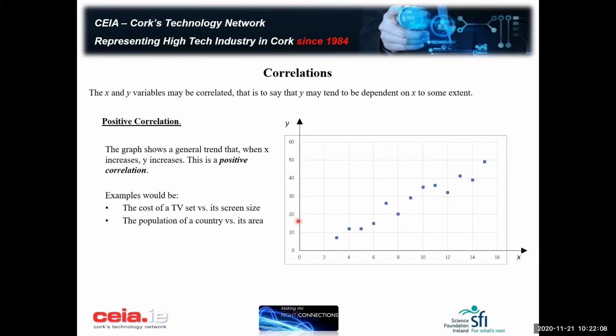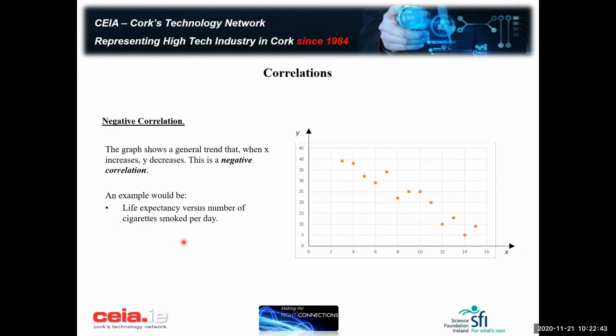There are many examples of relationships that would have positive correlations. Like, the cost of many items versus their size would be a positive correlation. Countries with large areas tend to have large populations. It's not a perfect relationship, but it is generally true. So you would expect this kind of rising trend for positively correlated variables like that.